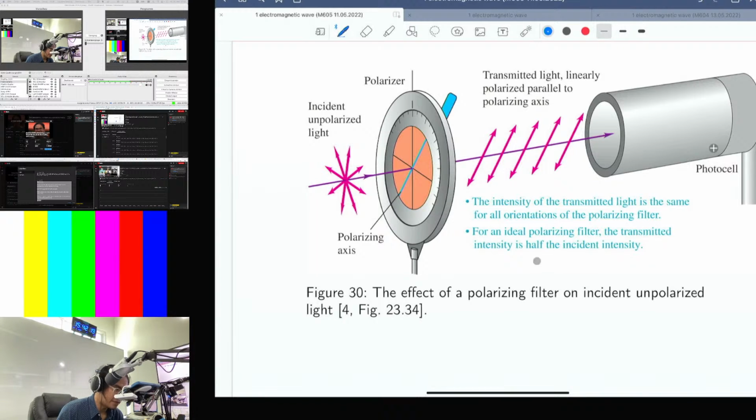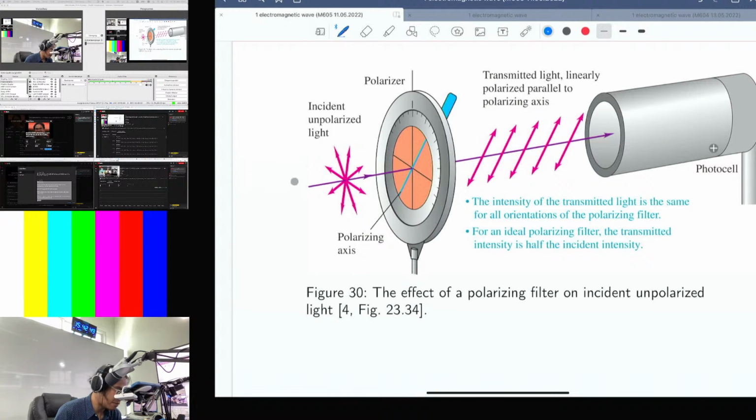So what does that mean? If you have 10 watts per square meter here from the unpolarized light, and it goes through the filter, of course the result will be light that has the E field only directed in this way, but the total intensity will be half of the initial one.